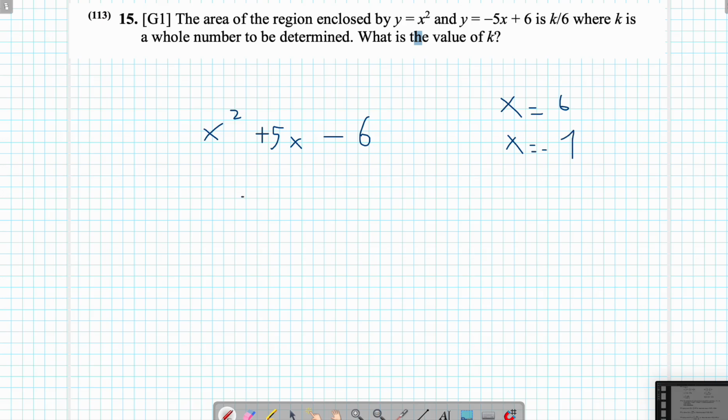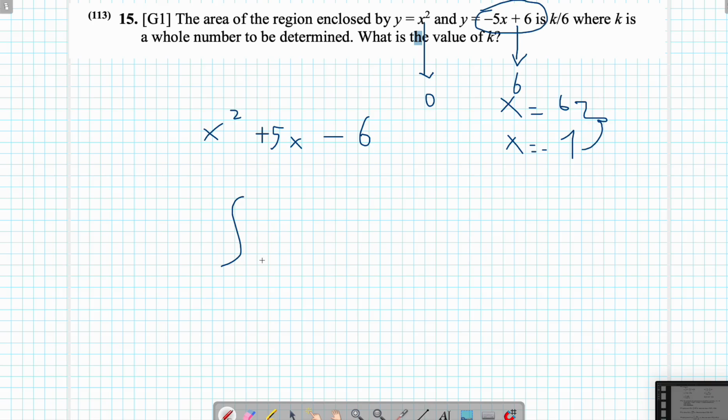So what we're gonna do but before we do that, we're gonna need to substitute a number between these two, to figure out which one's larger, which one's smaller. So let's take 0. So here, if we substitute x squared by 0, we're gonna get 0. And if we substitute this by 0, we're gonna get 6. So obviously this is gonna be greater. So we're gonna do bigger minus smaller.